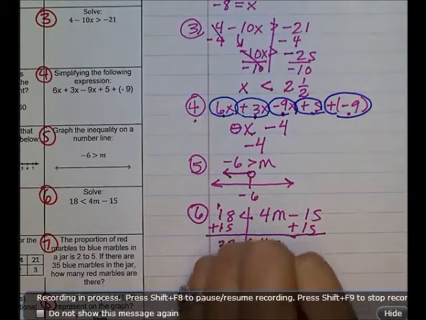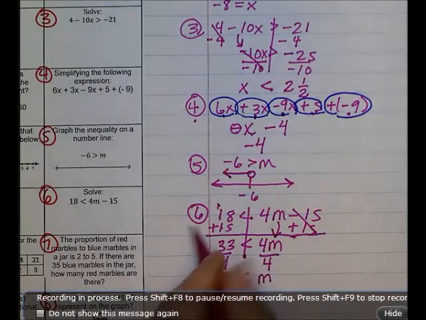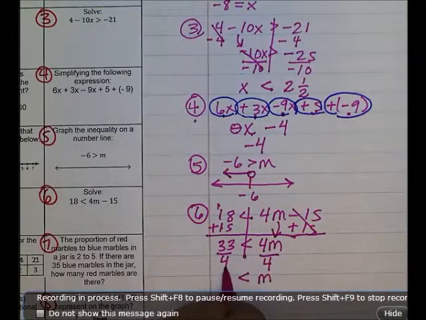Bring down whatever's left on the other side. Now we're going to divide by 4. And we see it's not going to be a very pretty fraction, but that's okay. How many times can 4 go into 33? It would be 8 times, because 8 times 4 is 32, so that means there's 1 left, and 1 over 4 is a fraction.